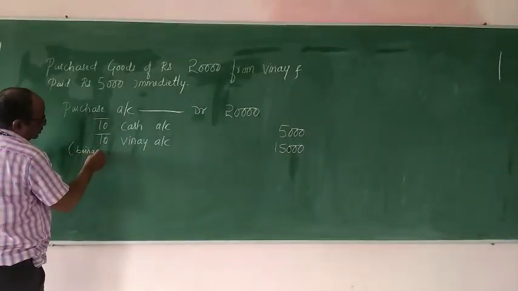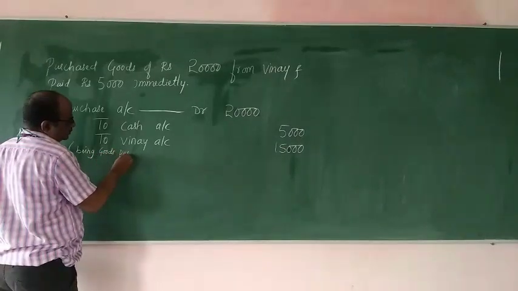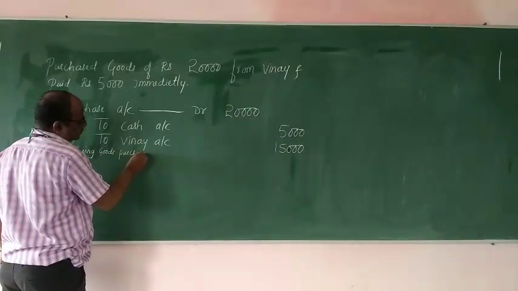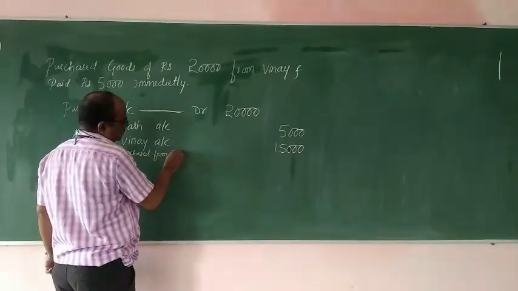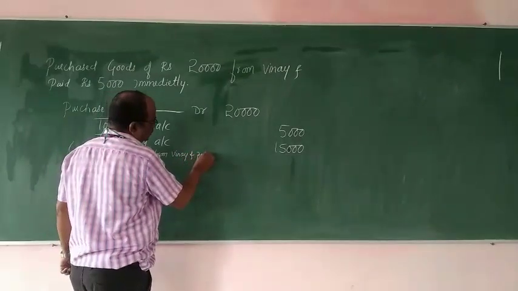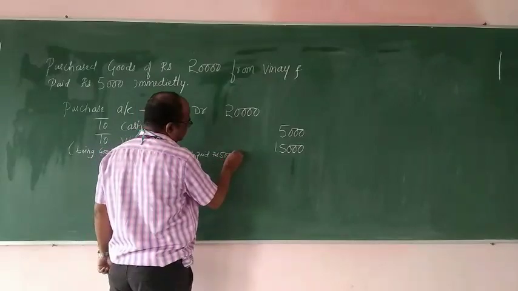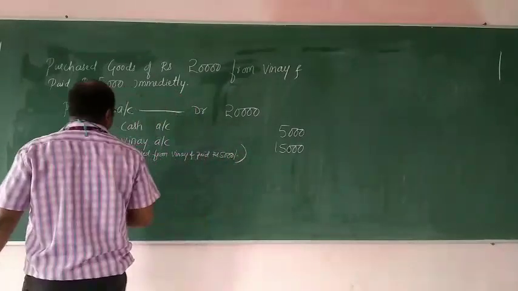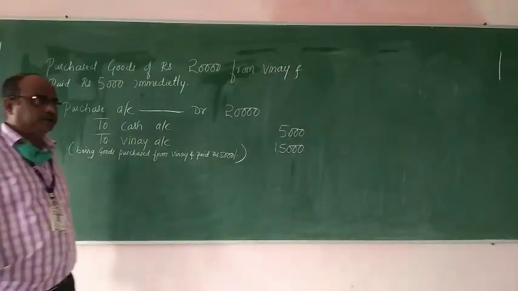Being goods purchased from Vinay and paid rupees 5,000. This will be the journal entry.